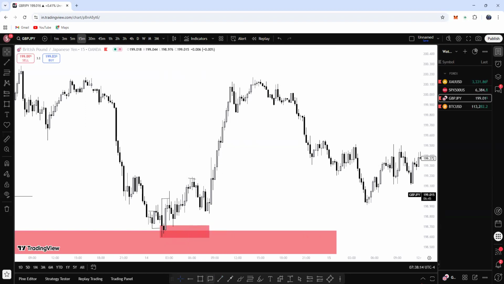Takes the high, comes down to take the low. Then price uses this SPR. RBS or SPR, this one. So it works on anything, either currency, crypto, or gold.